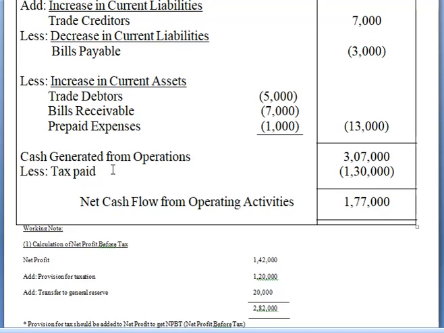First calculate NPBT and then adjustment for non-cash and non-operating activities, after which you have to do the adjustment for working capital. If there is tax paid in the question, you first get cash generated from operations, and then you pay the amount of tax and get net cash flow from operating activities. But if there is no tax paid in the question, instead of getting cash generated from operations, you will directly get net cash flow from operating activities. So this is the only difference here.